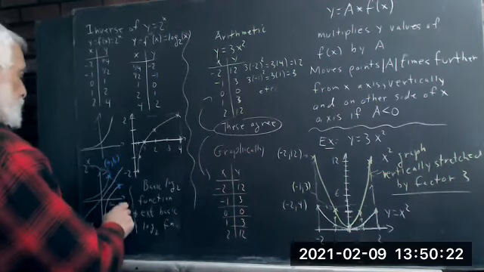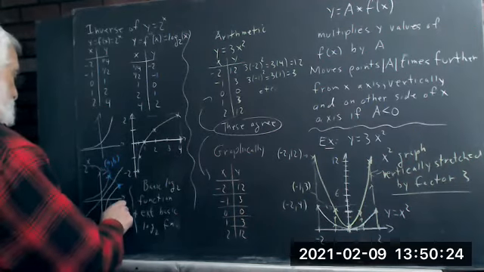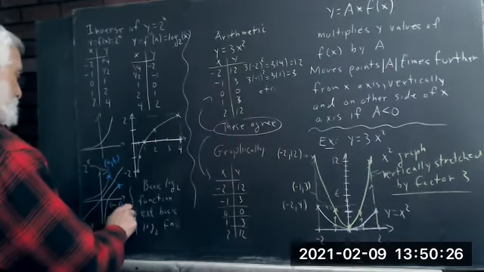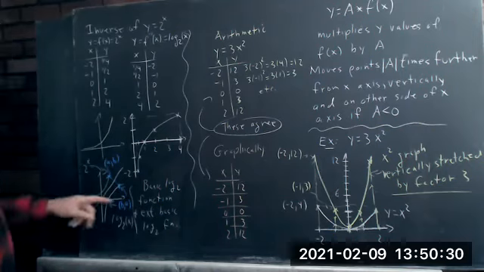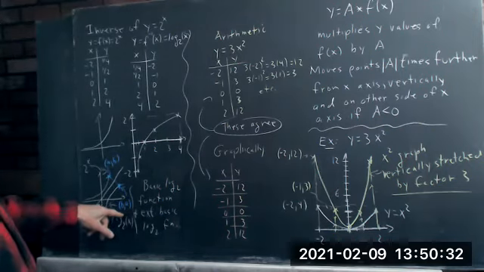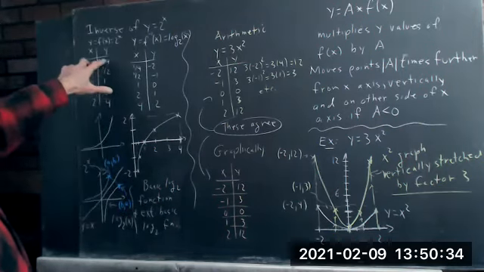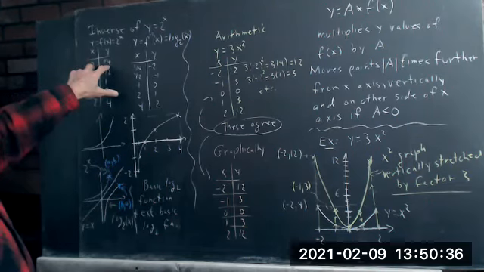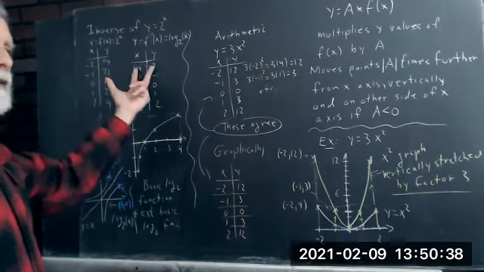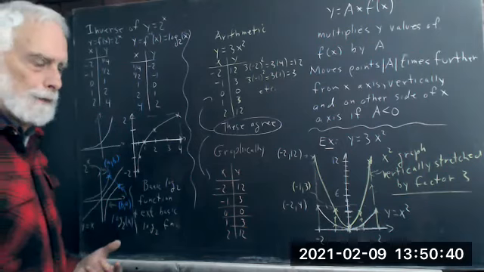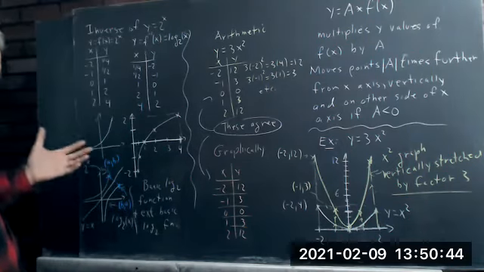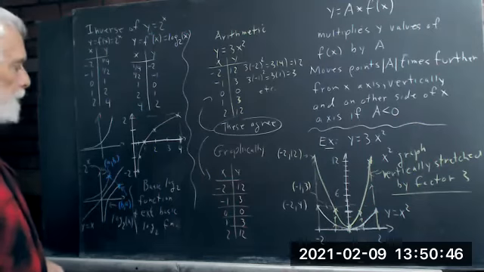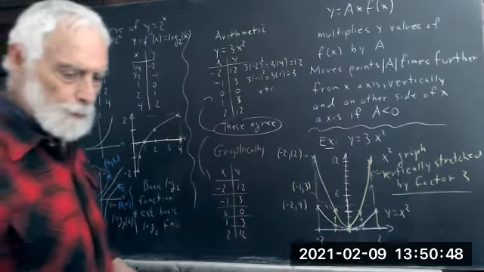On this graph, this point is B, A, because the coordinates of points on this graph are in the opposite order of the coordinates of the points on this graph. Well, that's pretty fundamental. Now there's more to it.